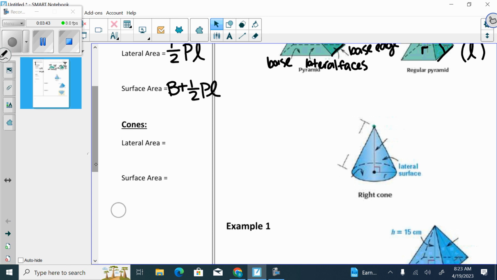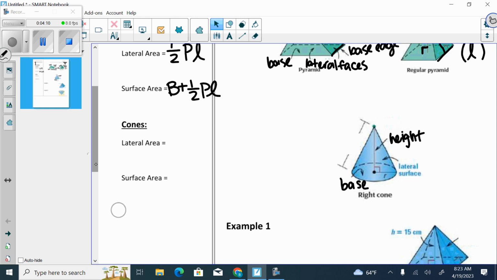All right, so now let's look at our cones. So our lateral surface is that curved part, right, besides the base. We should know that this bottom circle is the base of the cone. Okay, this line right here that's perpendicular to the base, coming right down the middle, is what we would say is our height.